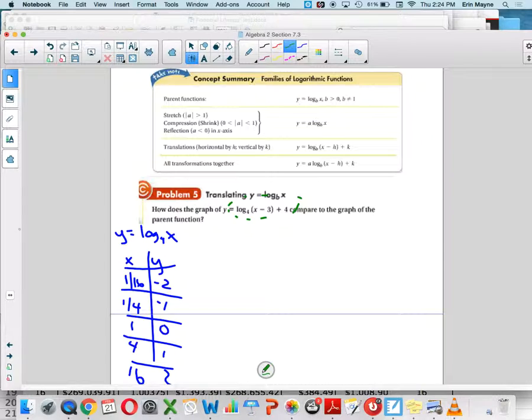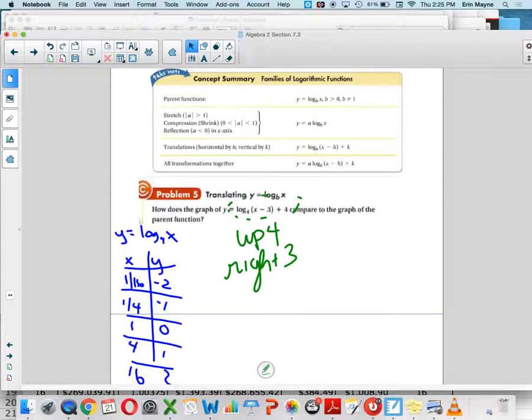Well, it's moving up and it's transitioning to the right by 3. Okay, so I hear this everywhere: definitely up 4. But I heard conflicting ideas on x. What does it do to 3? Right 3. Why? It's opposite of what you see.